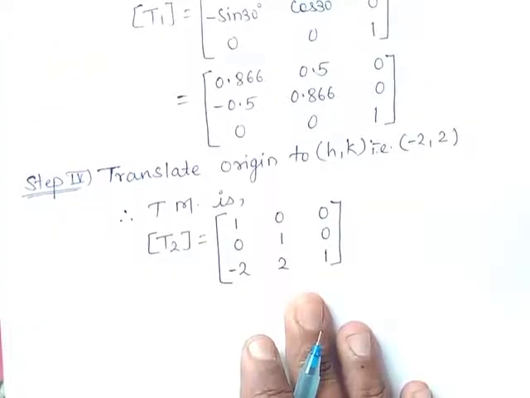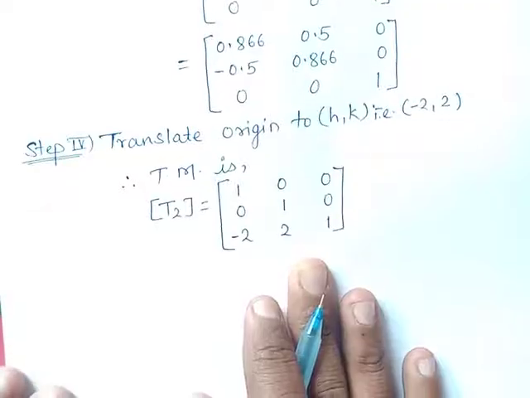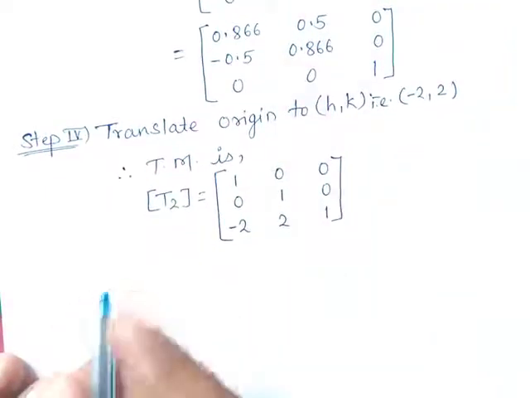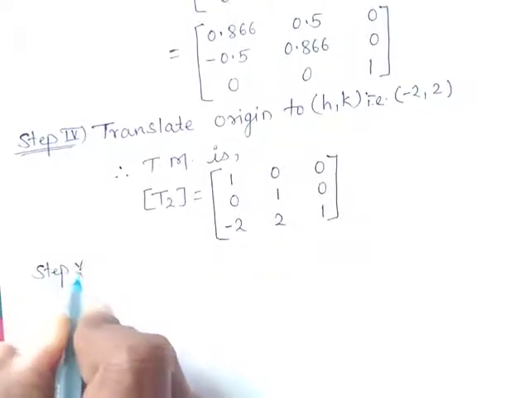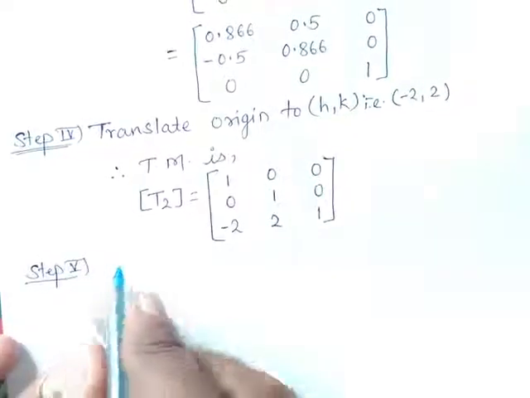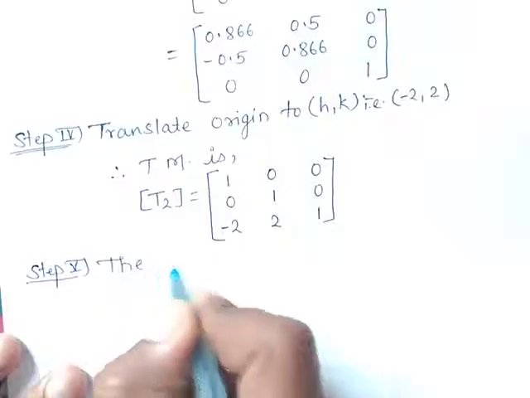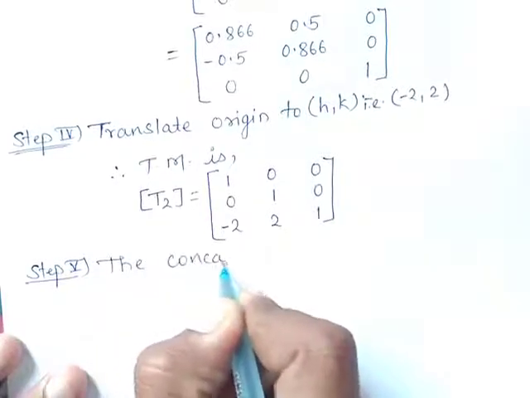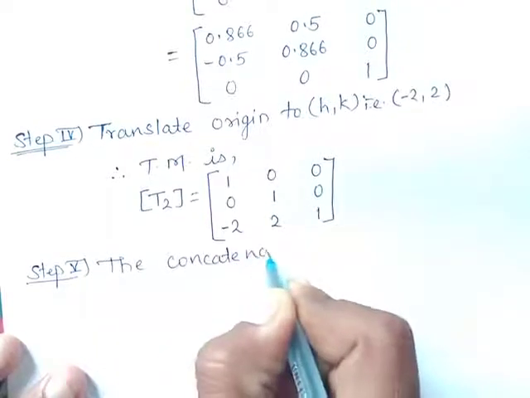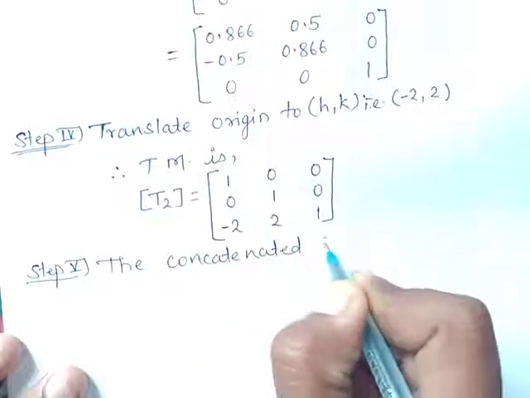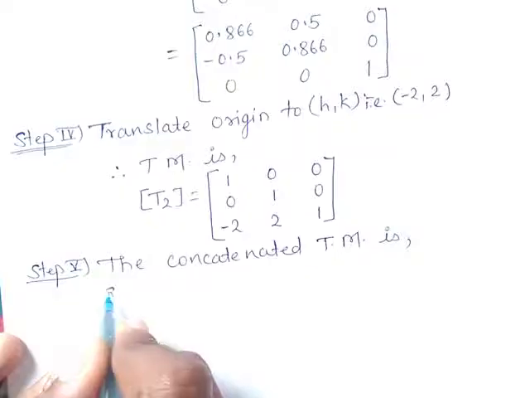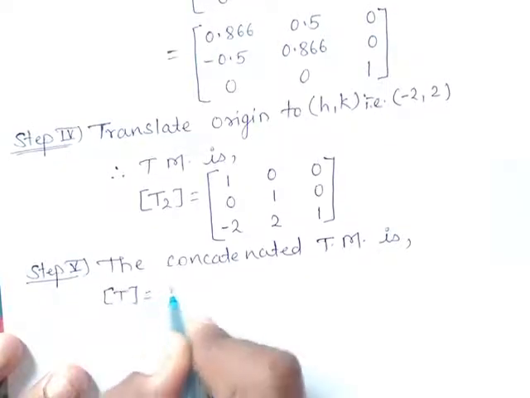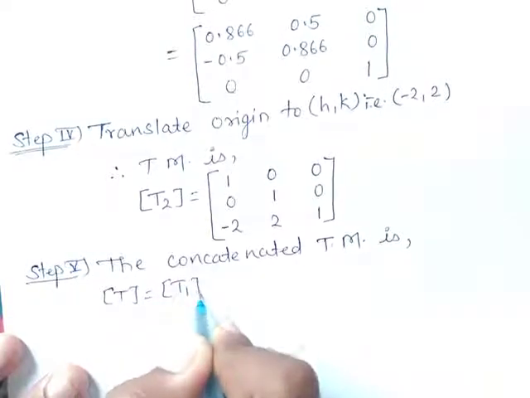Now step 5. Step 5 says we have to find the concatenated transformation matrix. The concatenated transformation matrix is T equal to T1 into T2.